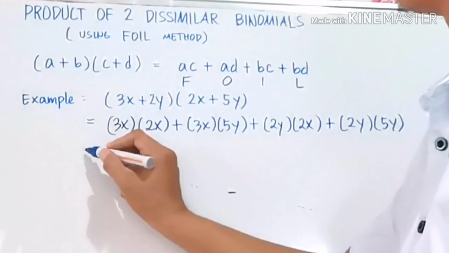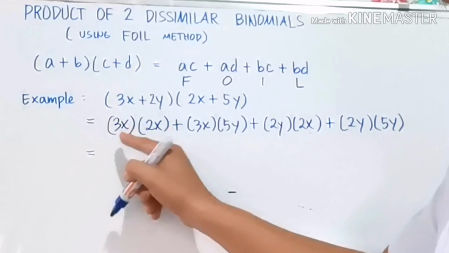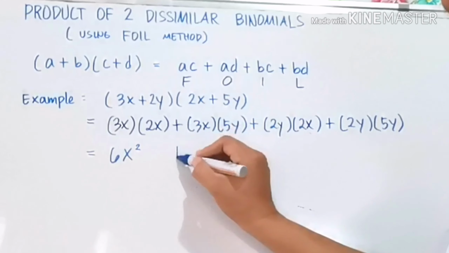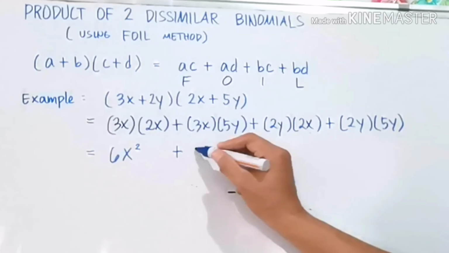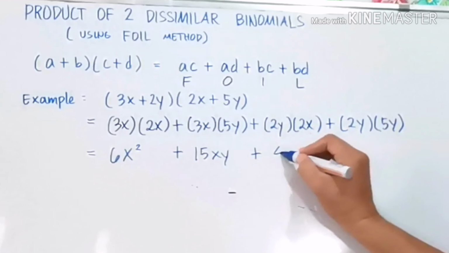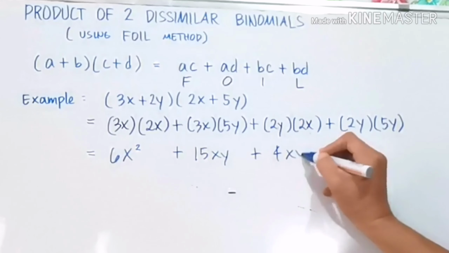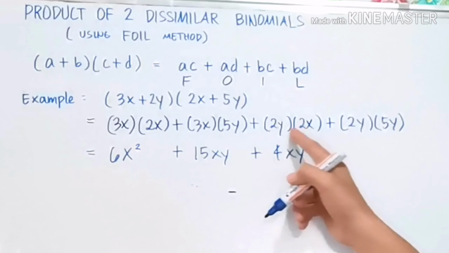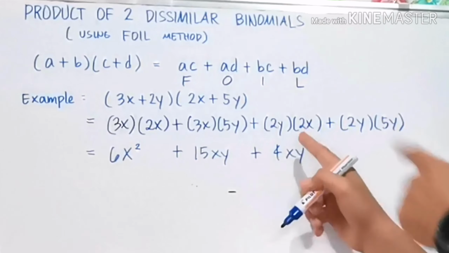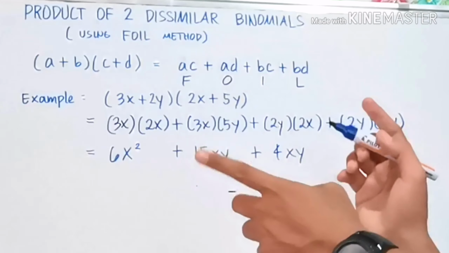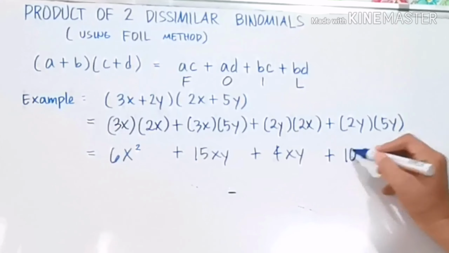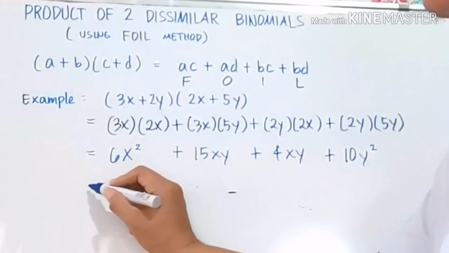So let us simplify this. We have 6x squared, then we add the product 15xy. At the same time, we also have the product 4xy. It doesn't matter if you write the arrangement of x and y differently, you can arrange it immediately. Then we have 10y squared.